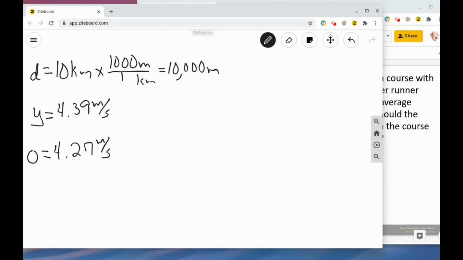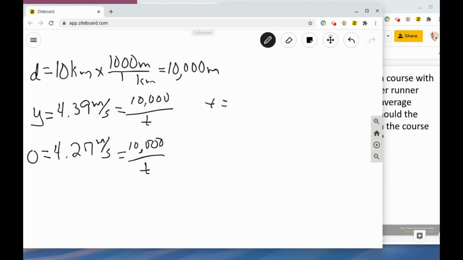So then for the younger, the velocity is 10,000 meters over the time. And then the same thing for the older, 10,000 over the time. So if we solve for the time for the younger, we're going to do 10,000 divided by 4.39.